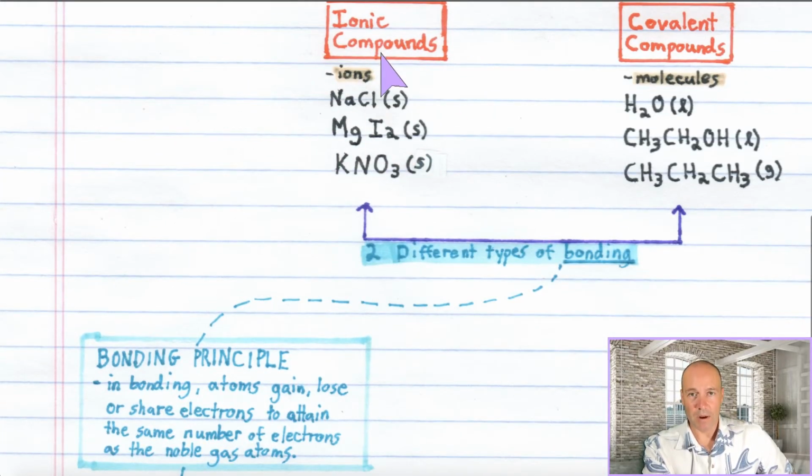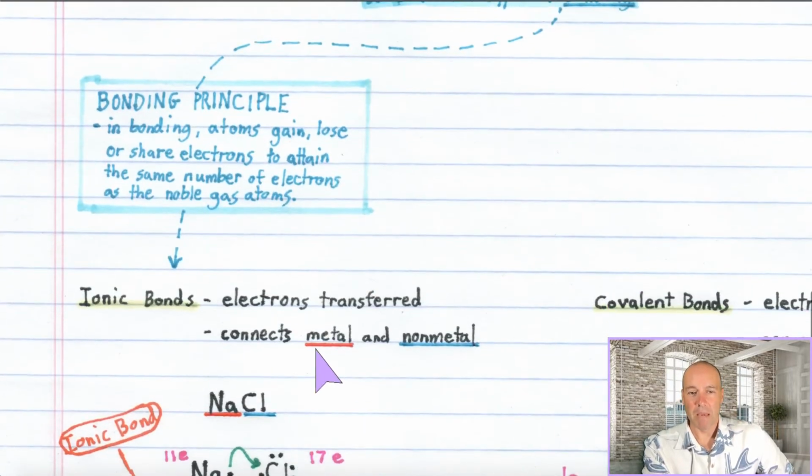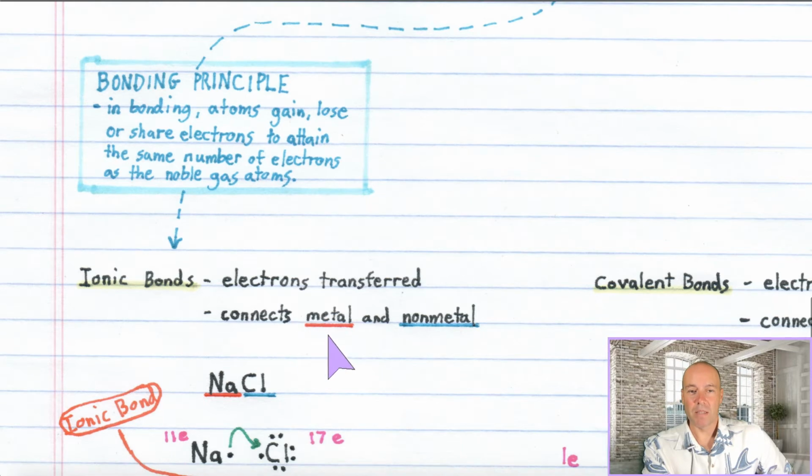In holding together ionic compounds, they're really holding together the metals and the nonmetals. They connect metal and nonmetal. Electrons are transferred. What happens is the metals lose electrons and the nonmetals gain electrons. So electrons are transferred by one of them losing and the other one gaining.